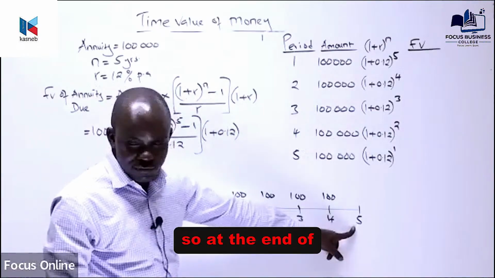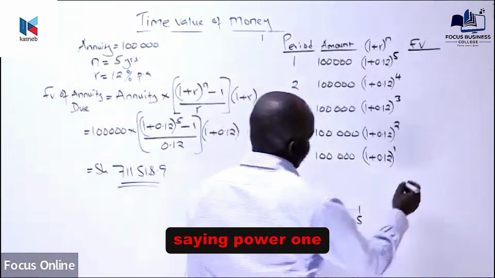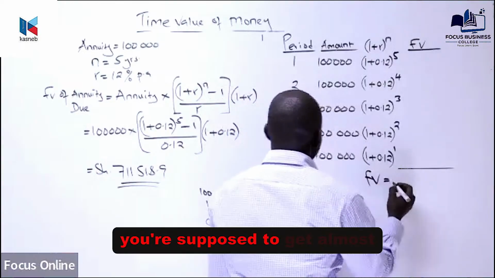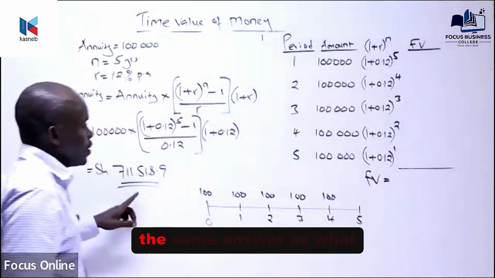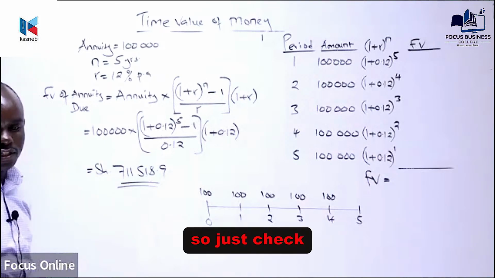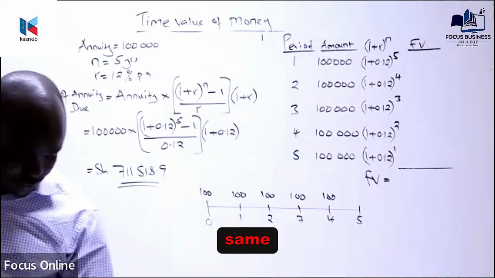So at the end of year 5, it will have earned once. That is why we're saying power 1. If you do the future value here, you're supposed to get almost the same answer as what you're getting here. So just check whether you're getting the same.